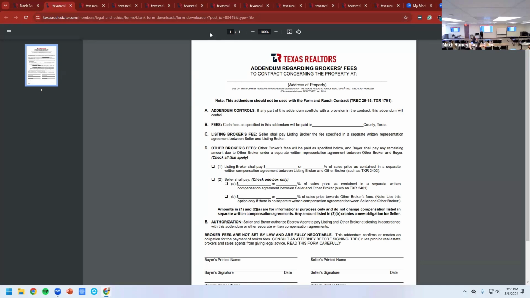That's a coverall. It depends. A lot of the builders contracts I see, it's in the contract. So if you're using the TREC promulgated, then you would use this form. Okay. Thanks.